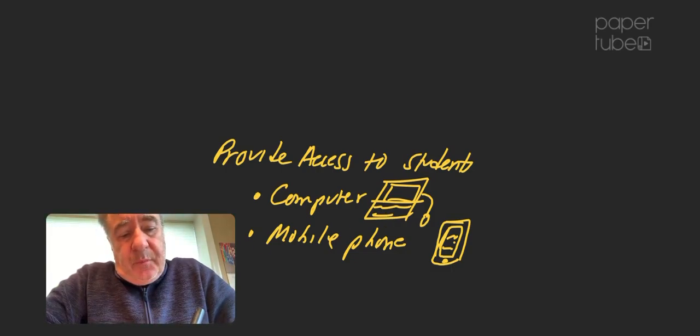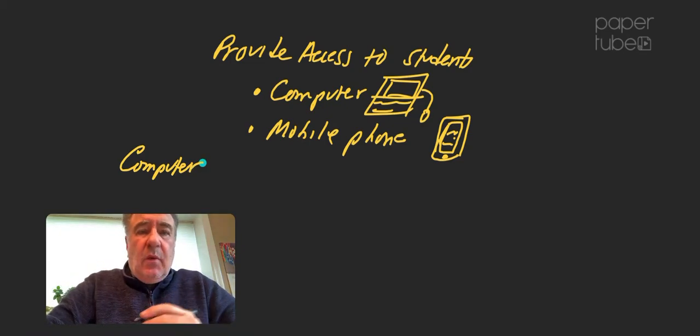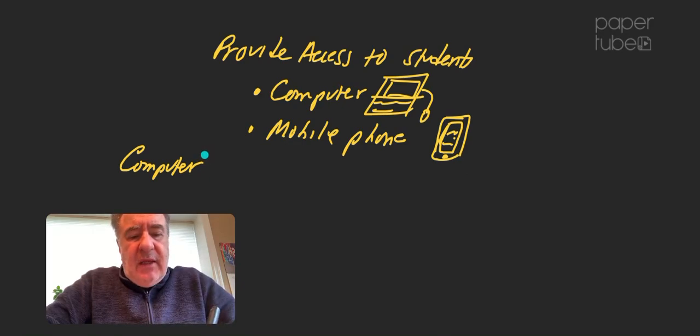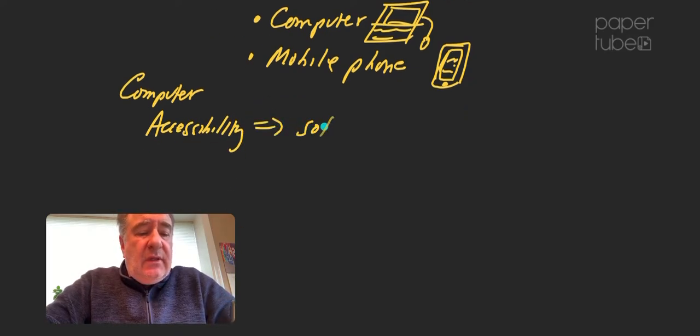One of the things that happened early on when computers were being made was that the software developers decided that they were going to add accessibility right into the software of the operating system.